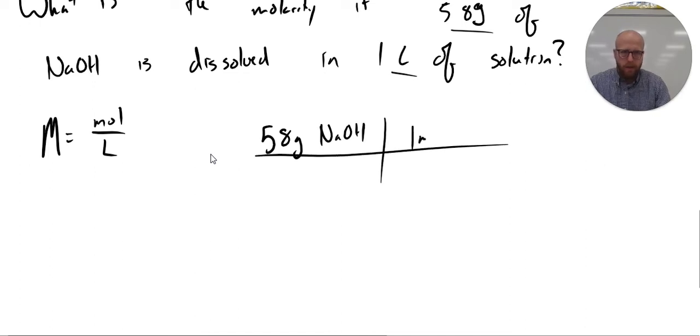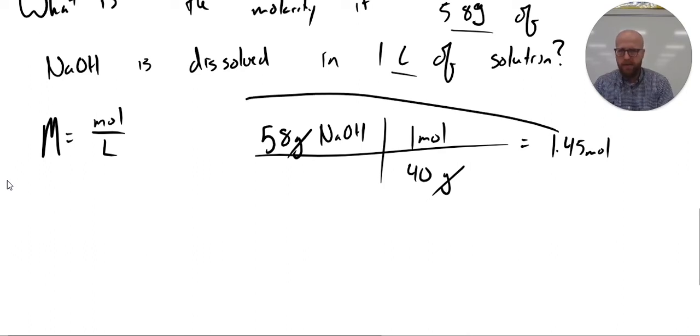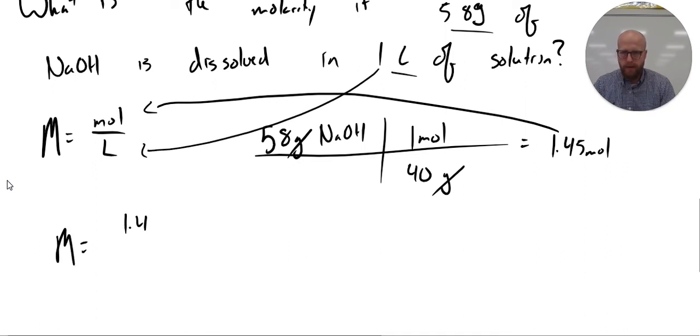I know in 1 mole there are 40 grams. My grams cancel out, I can convert to moles, and what I find out is there is 1.45 moles. Now I can just plug that into my formula. I have 1.45 moles. I know my volume is 1 liter. So my molarity is equal to 1.45 moles divided by 1 liter, which is equal to 1.45 molar.